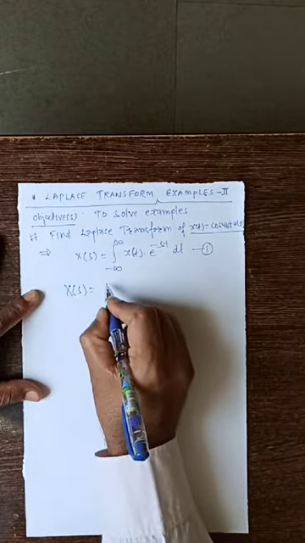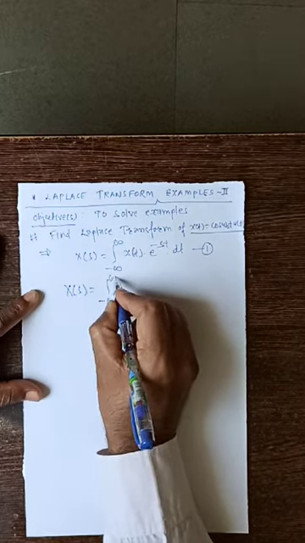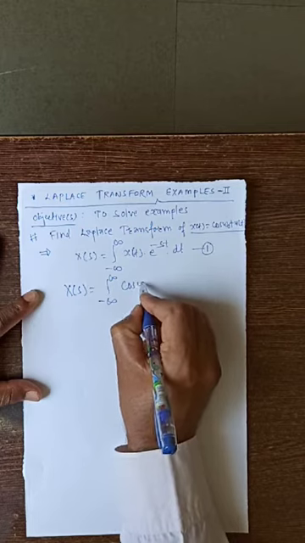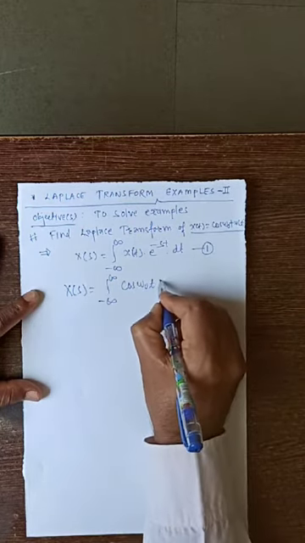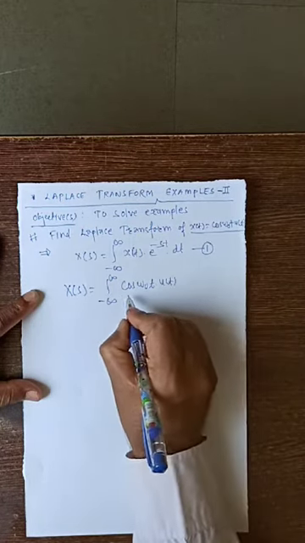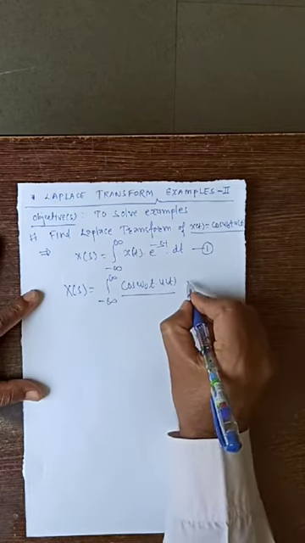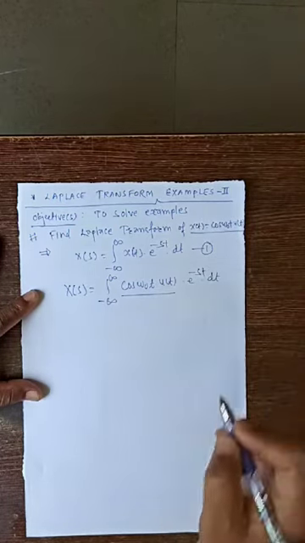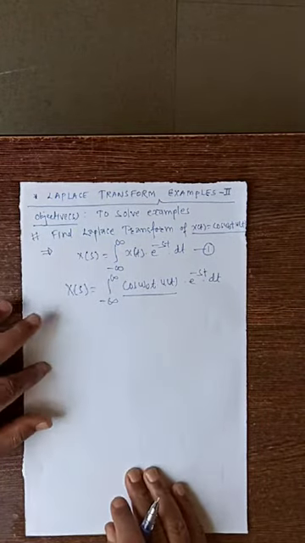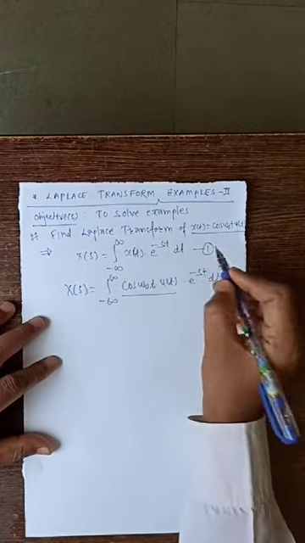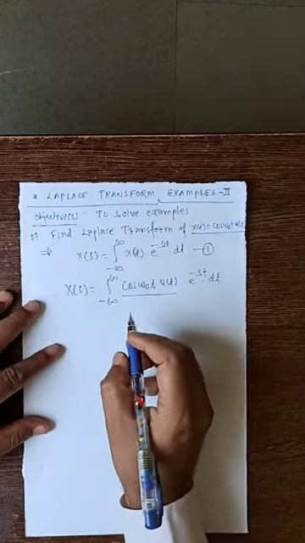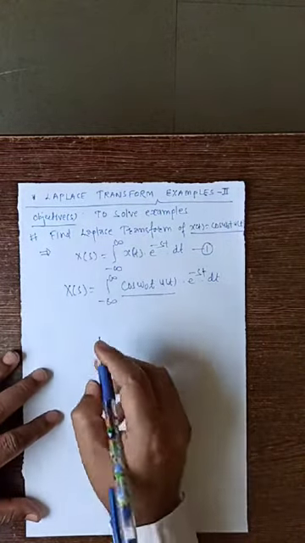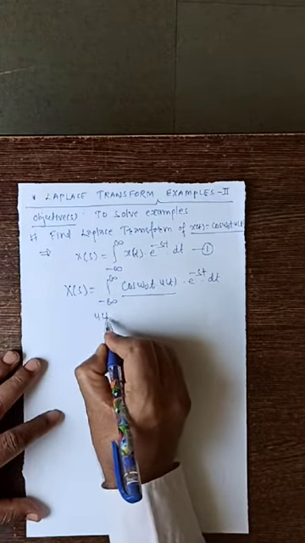So X of s equals integral from minus infinity to plus infinity, where x of t is cos omega naught t into u of t, into e raised to minus st into dt, that is integration with respect to t. Now we can remove u of t from the integration to simplify it.